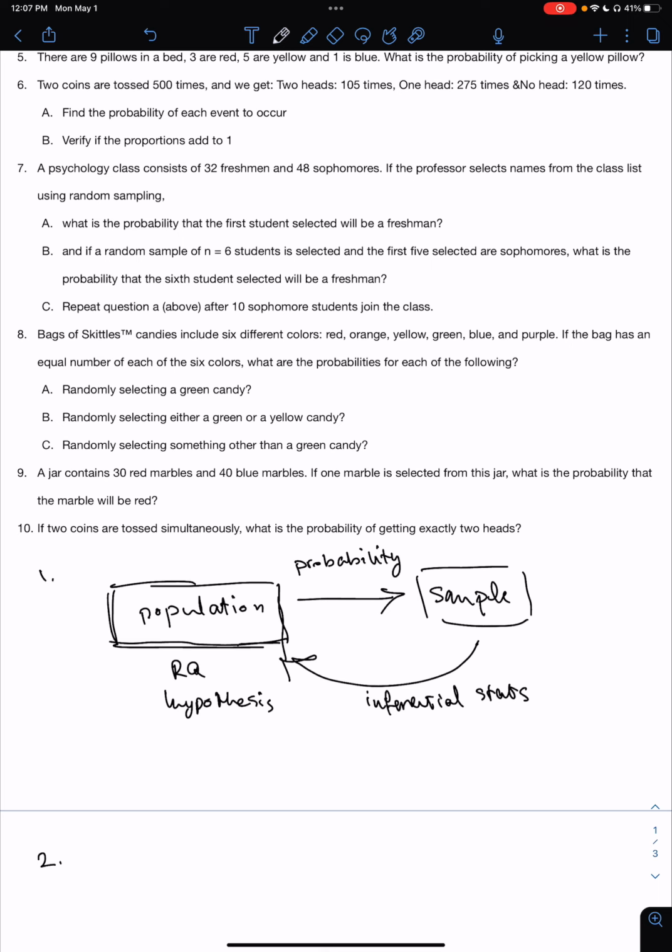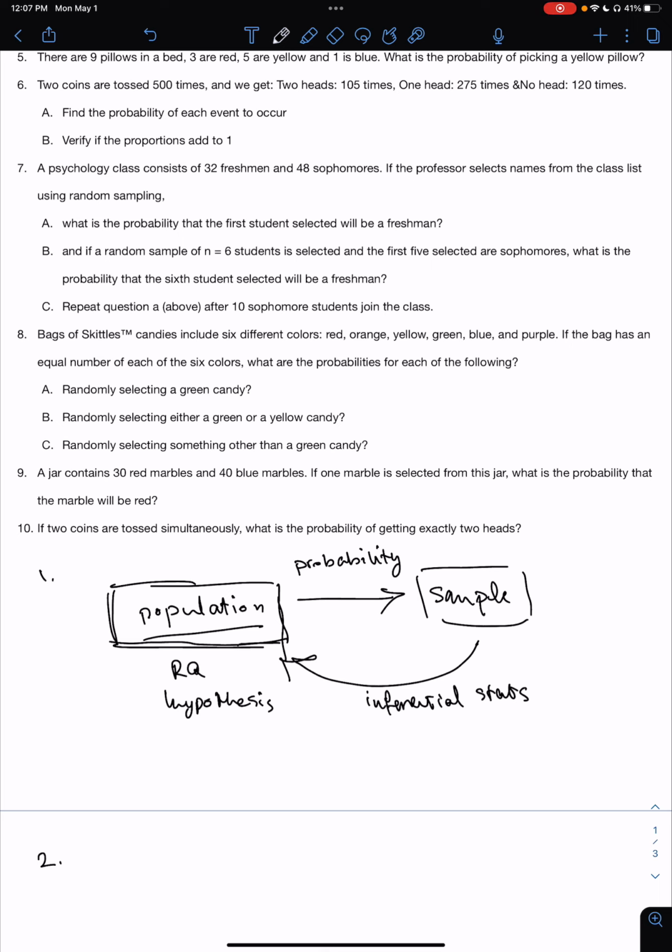So we know in inferential statistics we have a population, and we have some research question or hypothesis that we want to test on the population. This requires sampling out of the population.